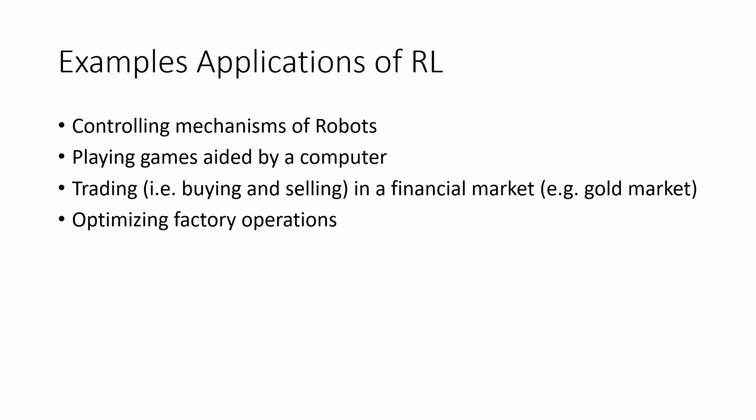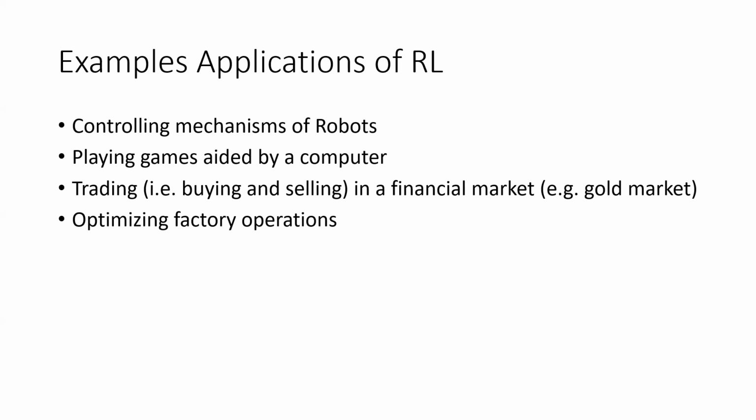And also, when it comes to manufacturing plants or factories, the performance of the factories is very important for them in order to reduce cost and maximize profit. There are different ways that they have tried to optimize these operations.